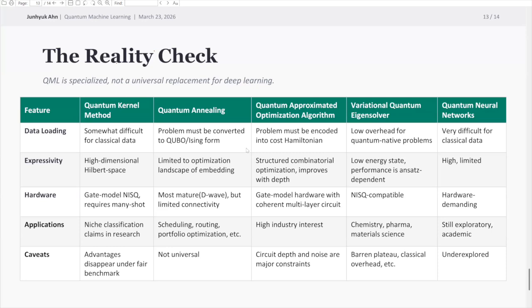And quantum annealing and quantum approximate optimization algorithm, they are quite on the right side of quantum machine learning. So although the problem should be a cubic problem, which is kind of a quadratic problem, if we can find a cubic form or an Ising model form of the problem that we're trying to solve, we can use existing devices from D-Wave or other NISQ devices to solve it via quantum annealing or QAOA.